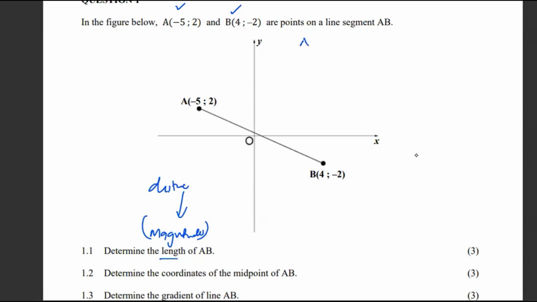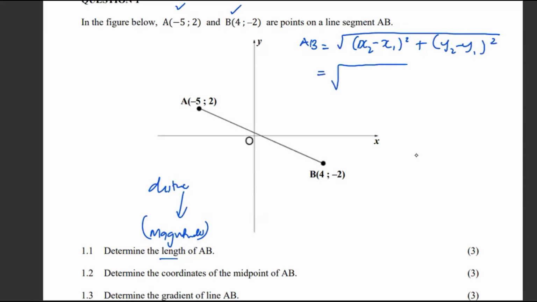So we know that the distance formula of AB should be given as the square root of (x2 minus x1) squared plus (y2 minus y1) squared. Please just use the formula that you were taught at school so that we don't create confusion. But at the end of it all, we must all aim at getting the same answers.